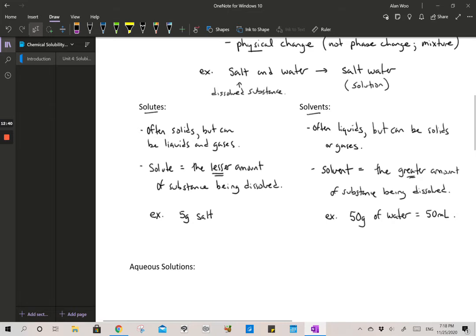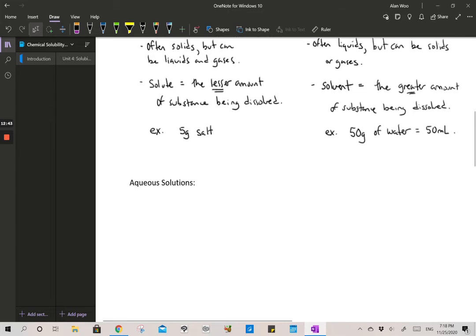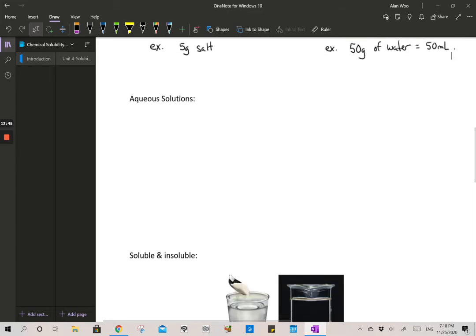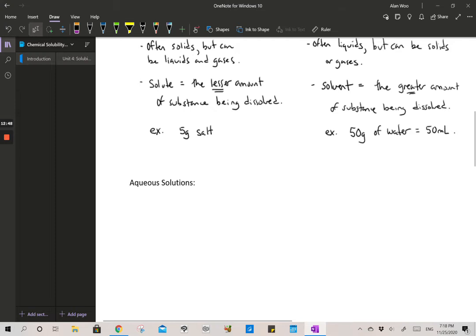Now, this brings us to a situation where we have a special type of solution, okay, called an aqueous solution. So aqueous solution does actually have a state. Okay, most of the time it's represented by AQ, like this. Just like we have solids, liquids, gases, we also have aqueous. So we've considered it to be a special state or phase of matter.